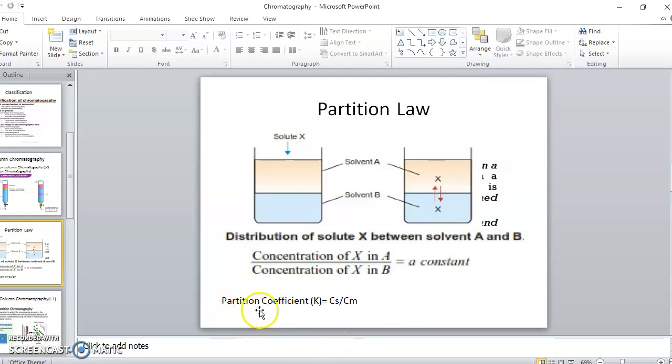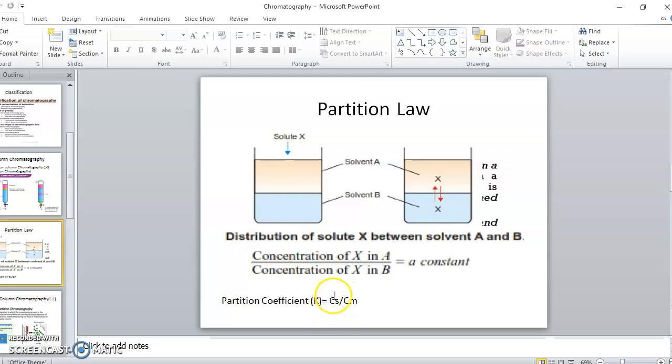Now let me introduce a term called the partition coefficient, which is K, the same constant. Partition coefficient, here I have given it as K equal to Cs divided by Cl. What is Cs? It is the concentration of solute in the stationary phase divided by the concentration of the solute in the mobile phase, because we are applying this partition law to our chromatography where you have the stationary phase and mobile phase.